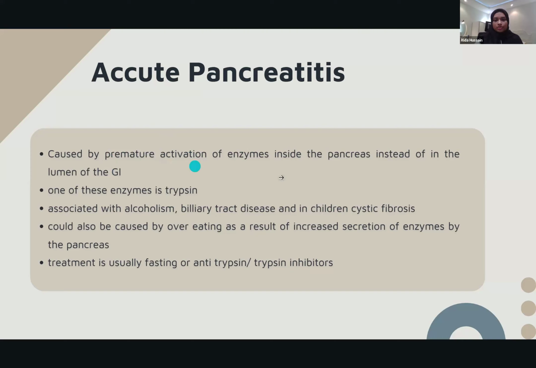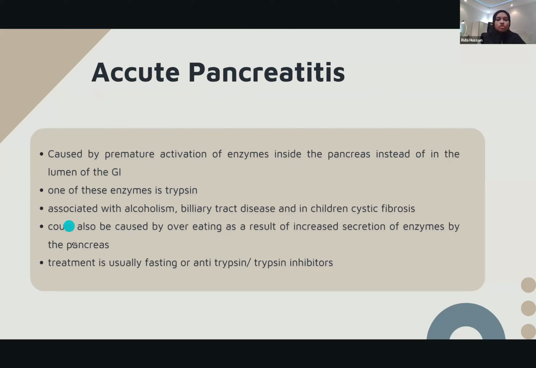So the premature activation of enzymes inside the pancreas instead of the lumen of the GI, one of these enzymes is trypsin. This disease can be associated with alcoholism, biliary tract disease, and in children, it can be associated with cystic fibrosis. It can also be caused because of overeating. Because you're overeating, you're releasing a lot of enzymes, and this can damage the pancreas.